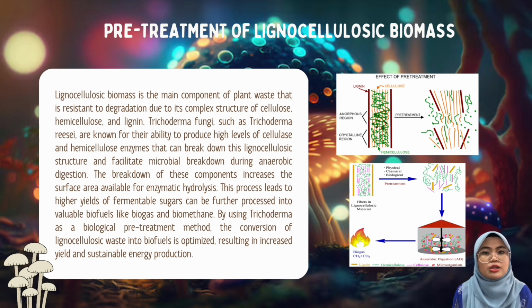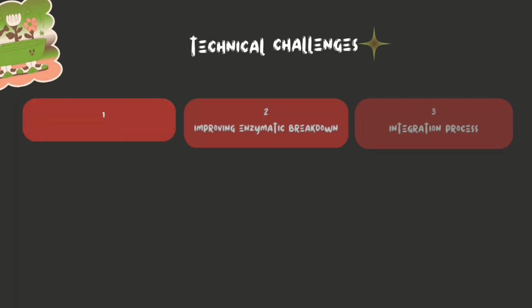The breakdown of these components increases the surface area available for enzymatic hydrolysis. This process leads to higher yields of fermentable sugars, which can be further processed into valuable biofuels like biogas and biomethane. By using Trichoderma as a biological pre-treatment method, the conversion of lignocellulosic waste into biofuels is optimized, resulting in increased yield and sustainable energy production.